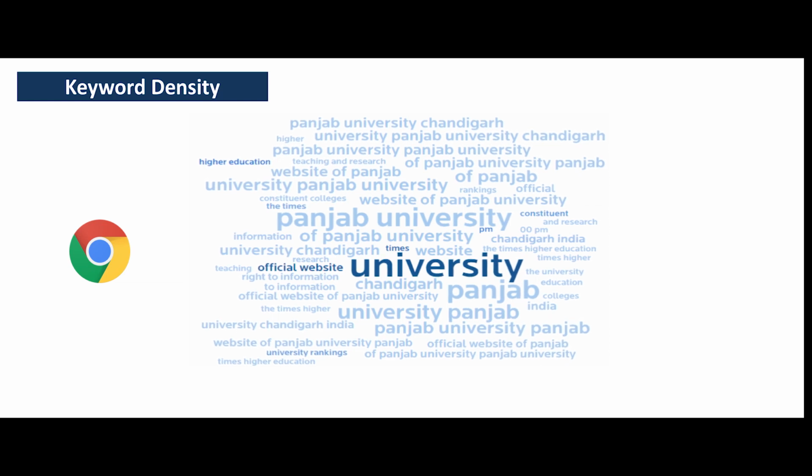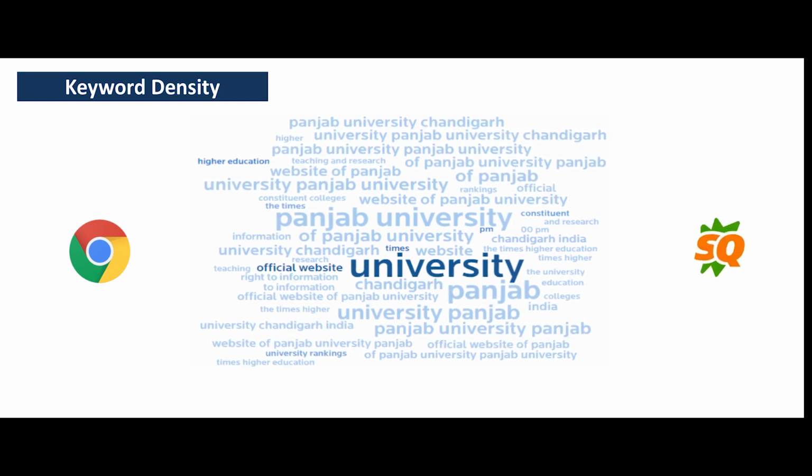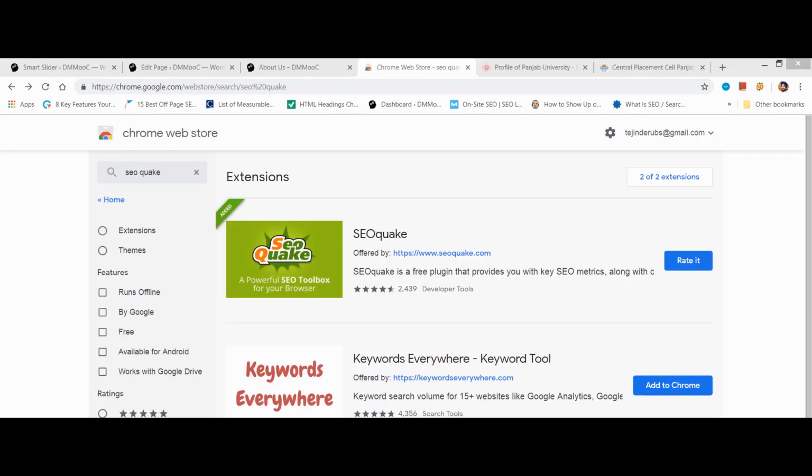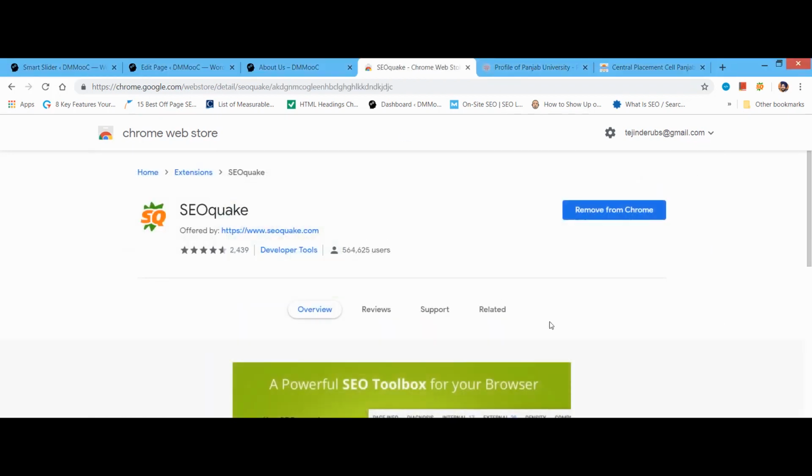The name of this extension is SEO Quake, one of the favorite tools of SEO masters. Just install it in the Chrome browser. Let me show you. Search for SEO Quake and add it to the browser. As I have already installed it, let us start working on it.